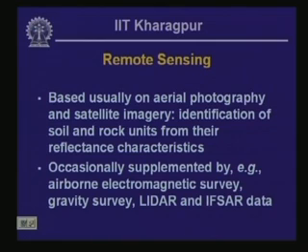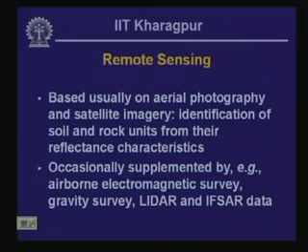Also included in the list of data sources that we discussed earlier is remote sensing. Now, in remote sensing, what we do essentially, we try to look at reflectance, we try to identify different features, different outcrops from the differences in their reflectance characteristics.